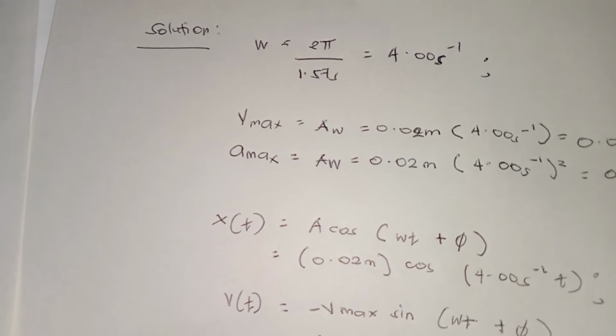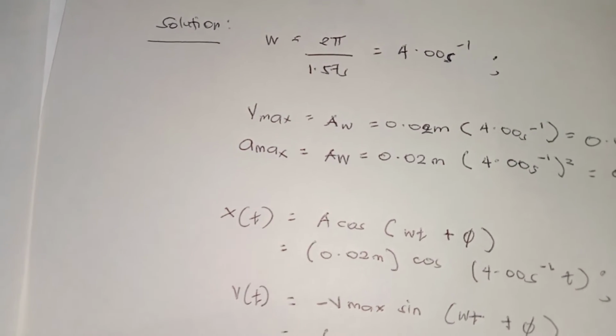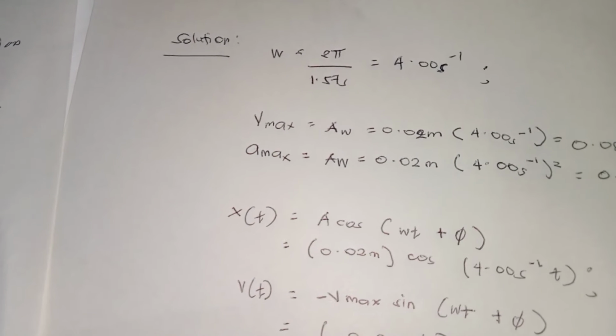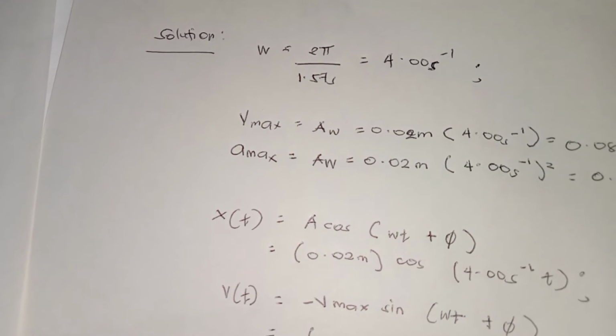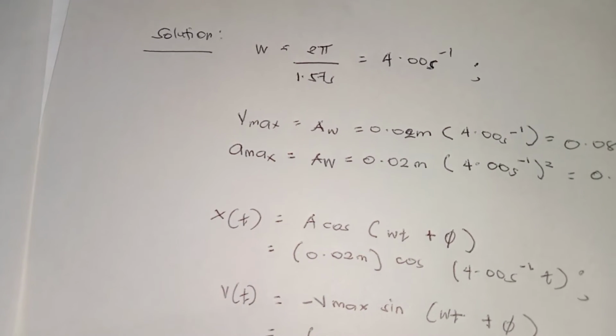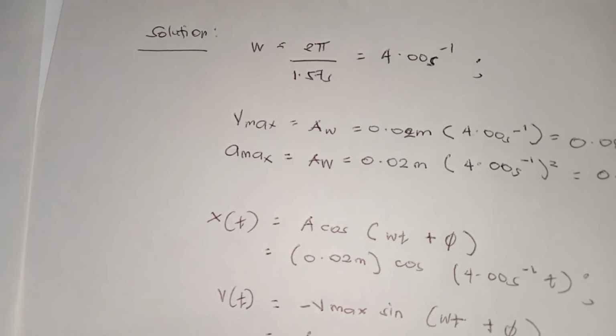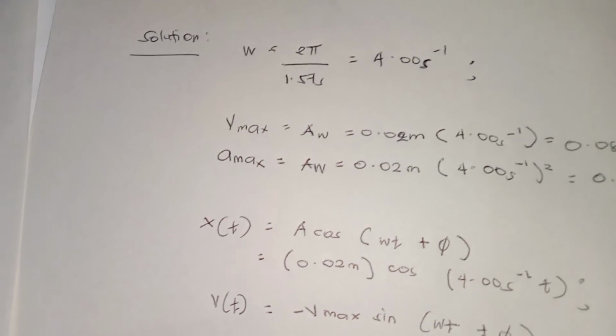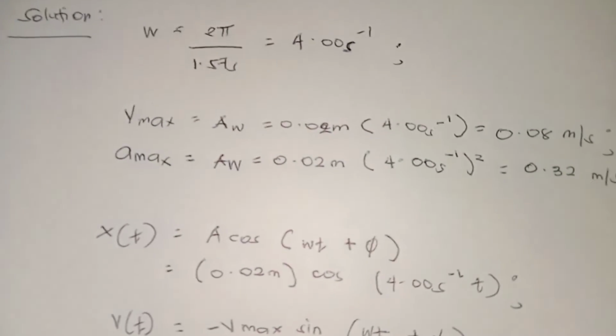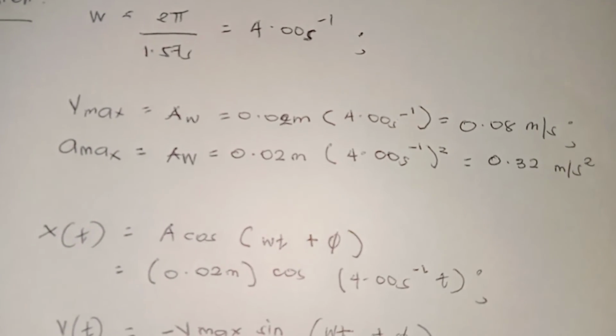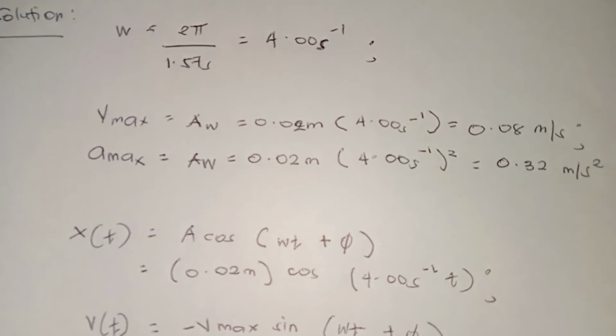And for the maximum acceleration, 0.02 meter times 4.00 seconds to the power of negative 1, squared, so we derive the answer 0.32 meters per second squared.